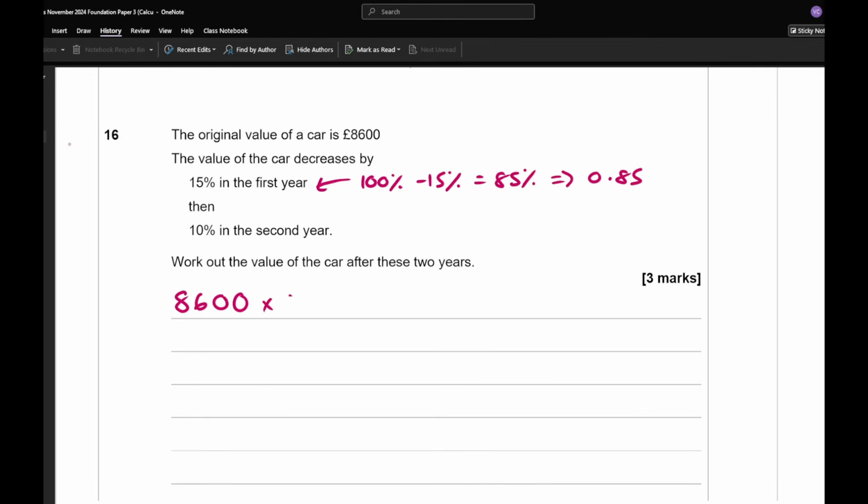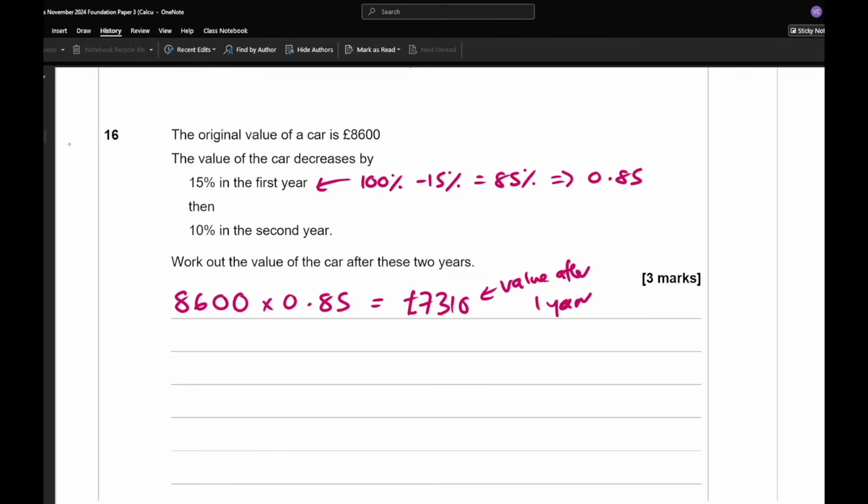So if I multiply 8,600 by 0.85, typing that into my calculator, I get an answer of 7,310. So that's the value after 1 year.